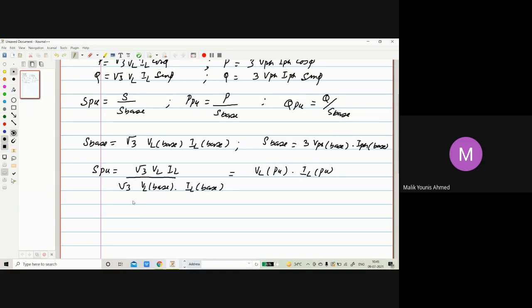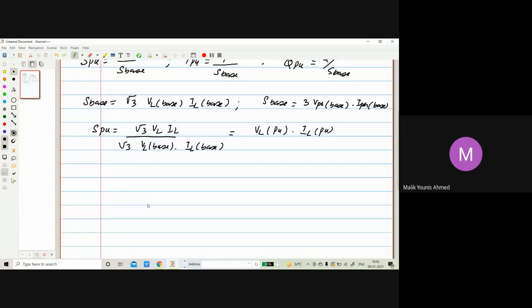Now if I have to write this complex power in terms of the phase values, S per unit will be equal to 3 V phase I phase, which is the real value in phase, divided by the value in the base, which will be 3 V phase base into I phase base.